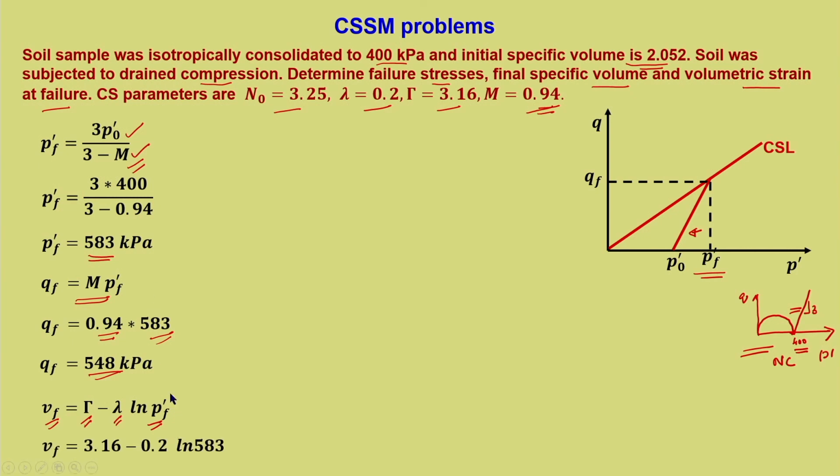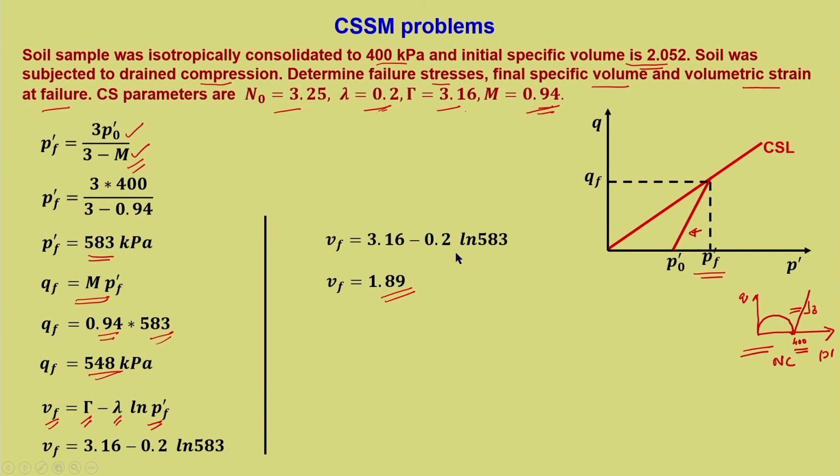So, substituting, we have Vf is equal to 3.16, that is gamma, minus 0.2, that is lambda, ln 583, P dash F is 583. That will give 3.16 minus 0.2 ln 583, which is equal to 1.89. So, Vf is equal to 1.89.